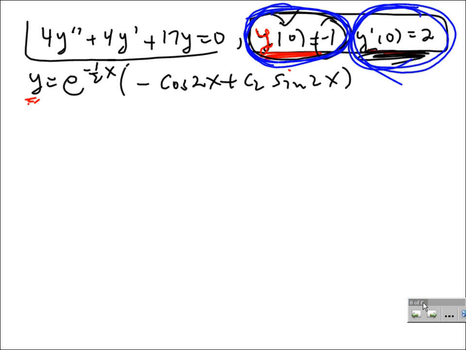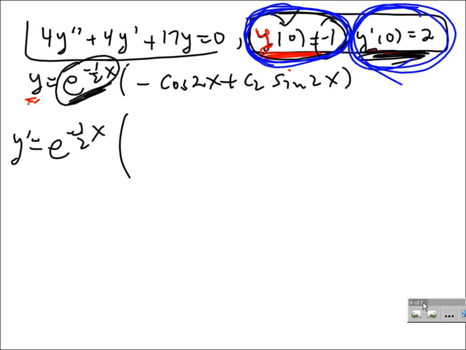Now, when you take the derivative, sometimes you're going to take the derivative of that factor, and sometimes you won't. But either way, you're going to have that as one of the factors. So let's use the product rule.